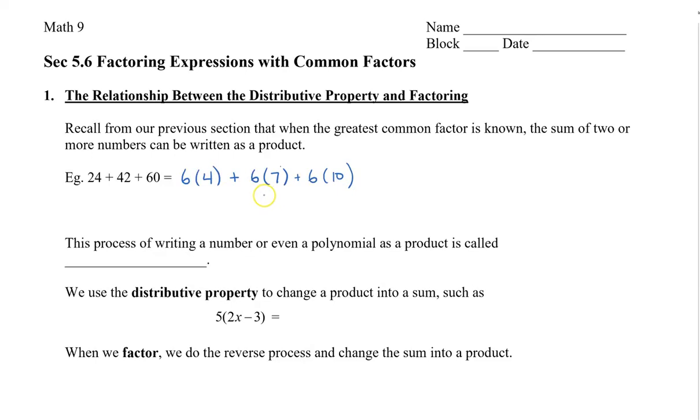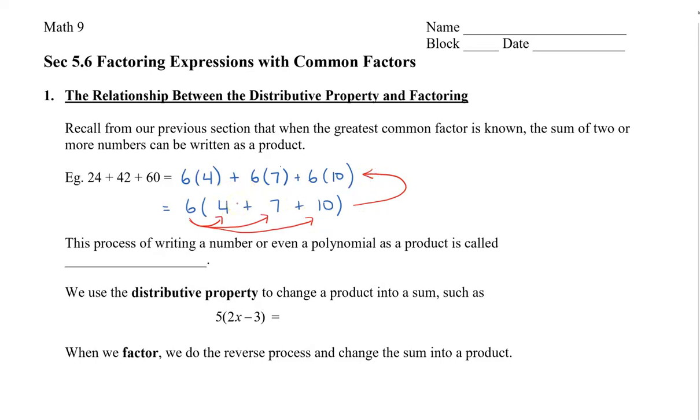Now, since all of these numbers are divisible by 6, we can rewrite this as 6, open up a bracket, and write this as 4 plus 7 plus 10. So this is the reverse of the distributive property. If I actually multiply 6 back in, 6 times 4 plus 6 times 7 plus 6 times 10, I actually get back this expression here that I started off with.